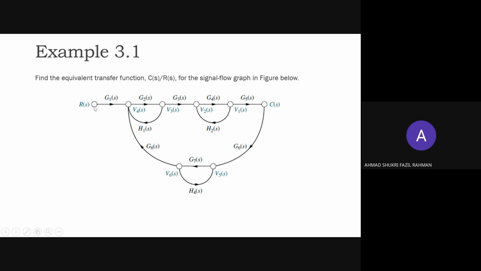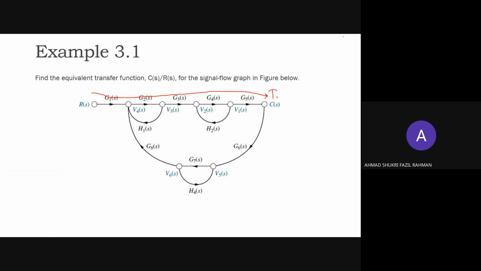Okay, so this part, we know that the forward path is actually from here to here. Okay, this is T1. So what is delta k?